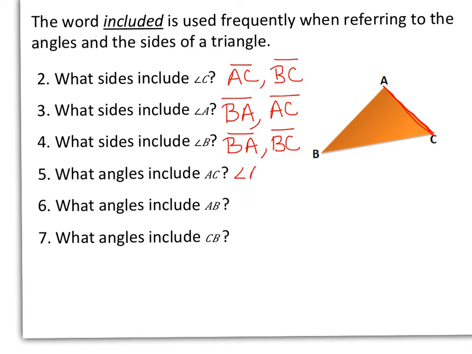That would be angle A and angle C. What angles include side AB? Well, that would be angle A and angle B. Note it's the two angles that make up that side. And finally, what angles include side CB? Angle C and angle B.